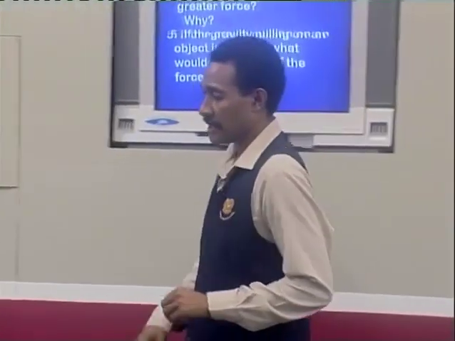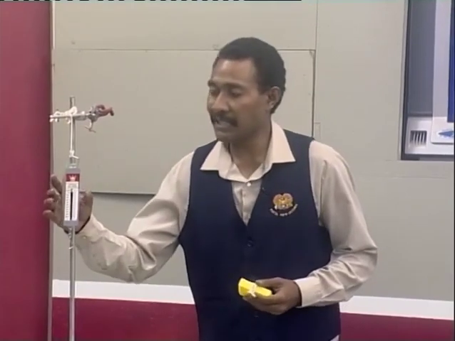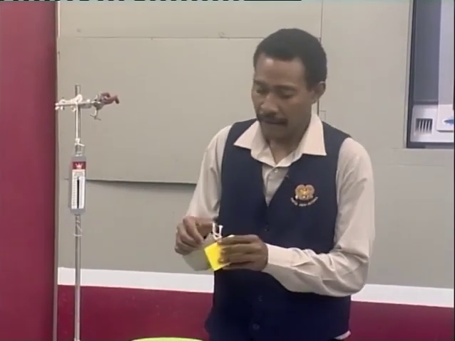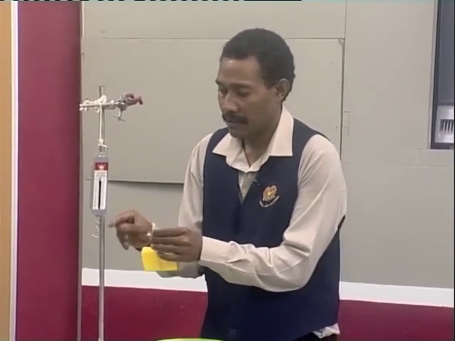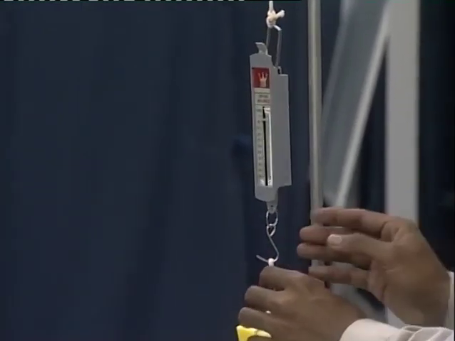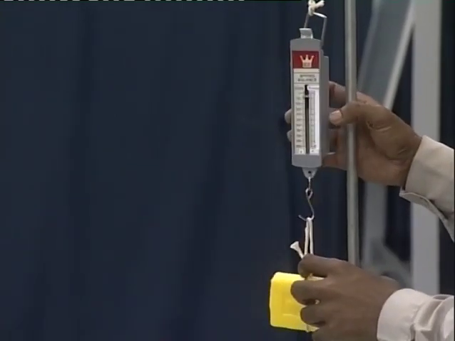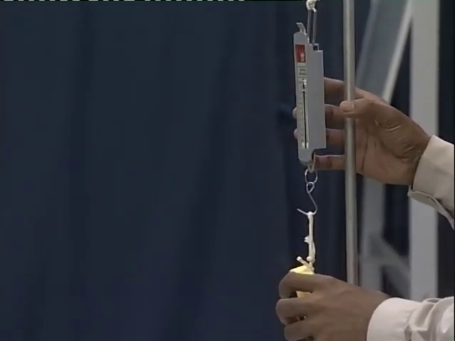So have a look at this. This is just an instrument. The force that we are trying to apply is here, the soap. So when we put it on the spring balance, there are some changes being shown here on the spring balance.